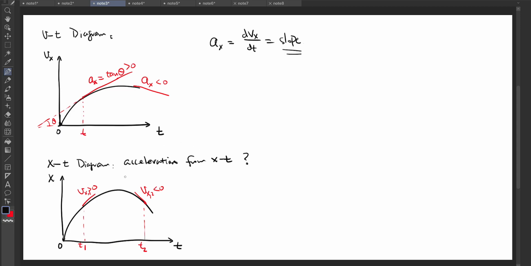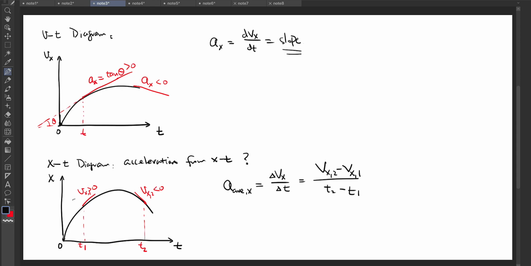Okay, so the answer is yes, because now I know the velocity here is positive, and later on is negative. So that's a transition from a positive to negative velocity. So at least I can say the average acceleration is delta Vx over delta t equals Vx2 minus Vx1 divided by t2 minus t1.